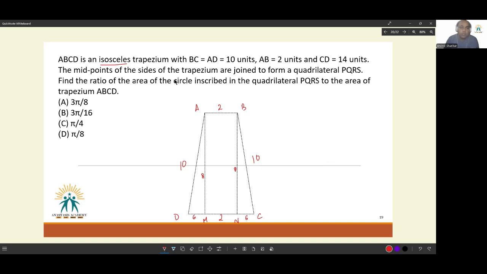The midpoints of the sides of the trapezium are joined to form the quadrilateral PQRS. Let's join the midpoints.